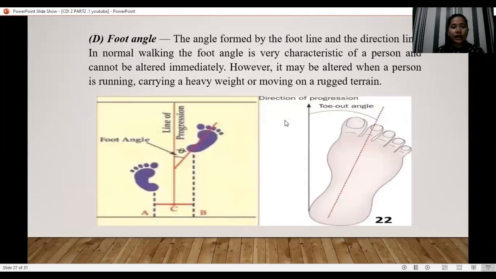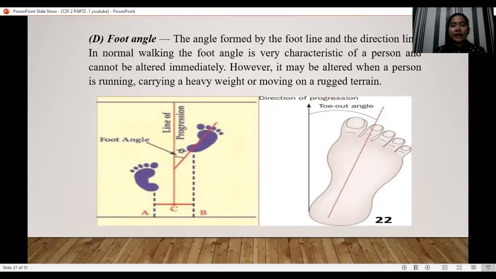So, the next one is the foot angle. When we say foot angle, it is the angle formed by the foot line and the direction line. In normal walking, the foot angle is very characteristic of a person and cannot be altered immediately.